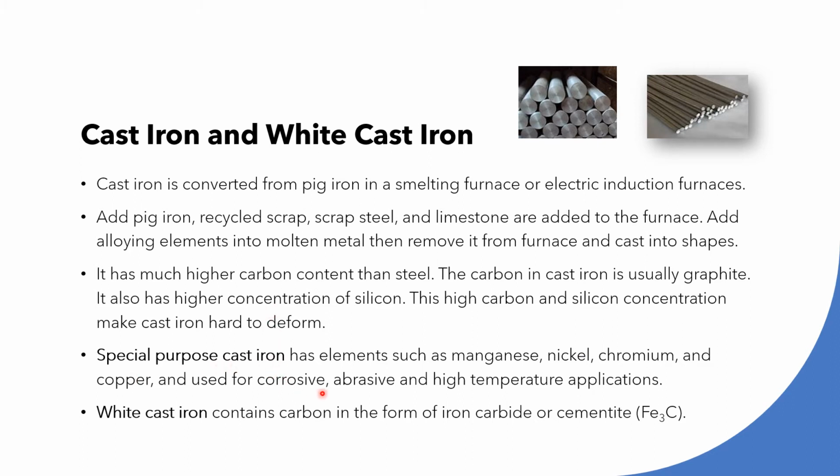They become more corrosion resistant, abrasive resistant, and they can stand high temperature applications. Regular cast iron has carbon, and that carbon content is higher compared to steel. And it has a very, very high concentration of silicon in it. Now this is how we make it, the process, pretty simple.